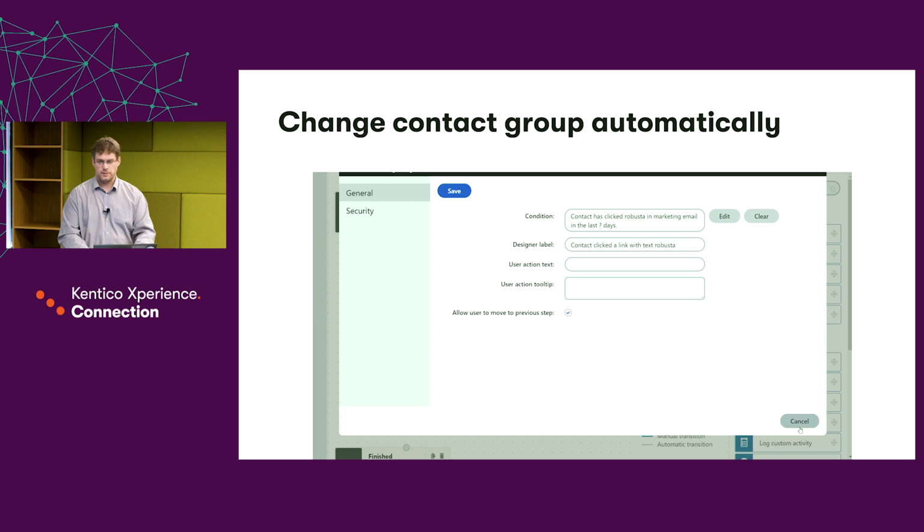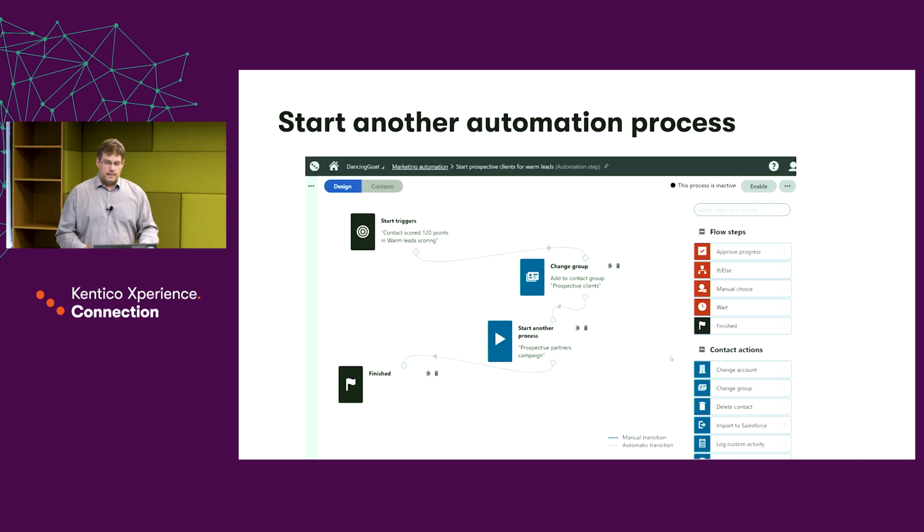Another useful feature. You can use automation and combine it with lead scoring. Let's say you are scoring your contacts on the website, and as customers are collecting points to become warm leads, you are tracking the data. And at some moment in time, a customer reaches, for example, 120 points, which is the threshold for a prospective client score.